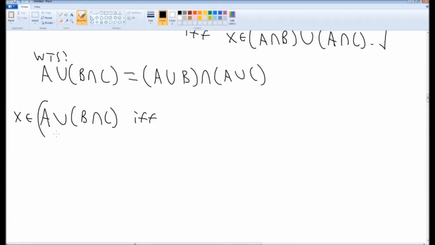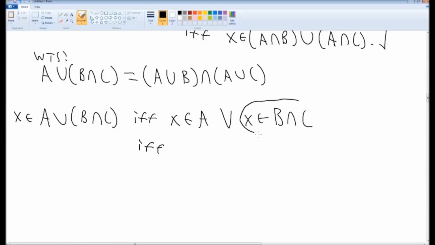Well, if you're in A union this, that means X is in A or X is in this, if and only if X is in A or X is in this guy. Okay. But now this part right here is saying X is in B intersect C. That's the same as saying X is in B and X is in C. So we can simplify this.